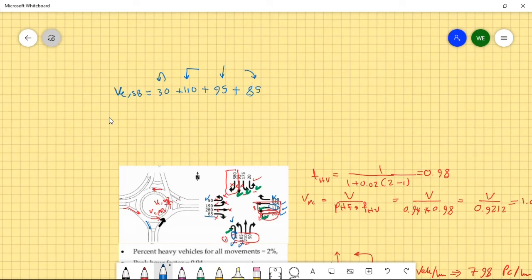So that is the exit volume here for the southbound.